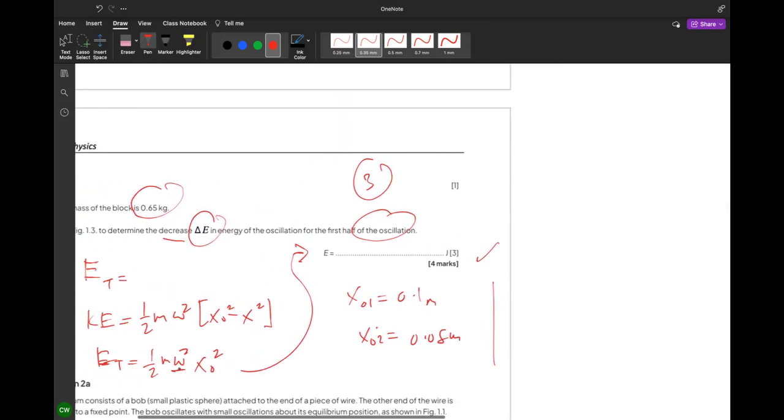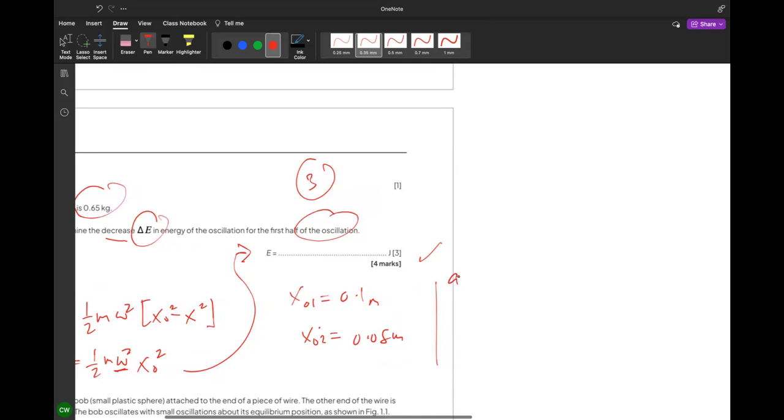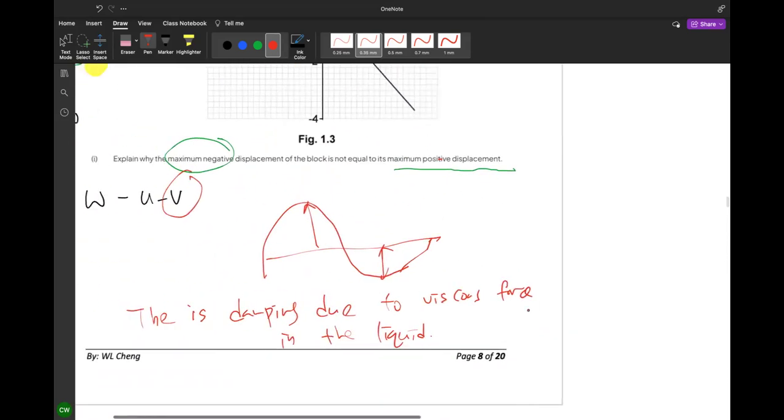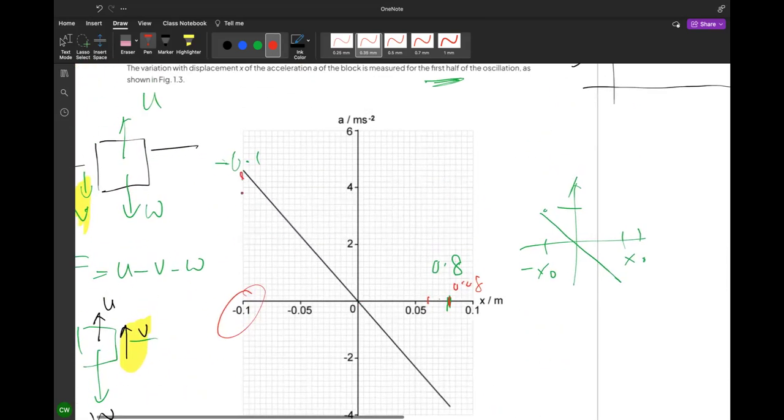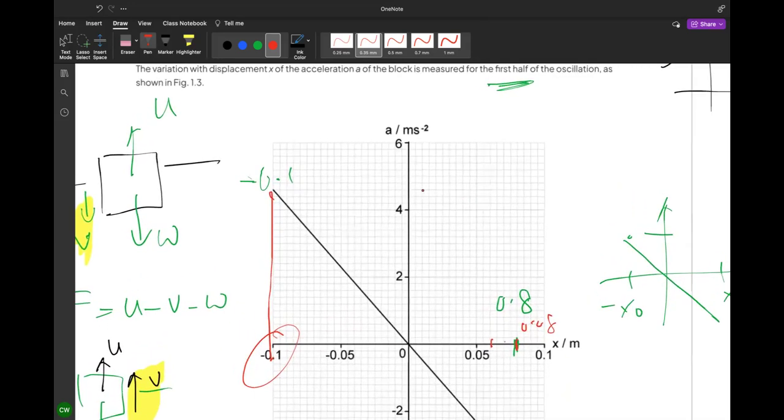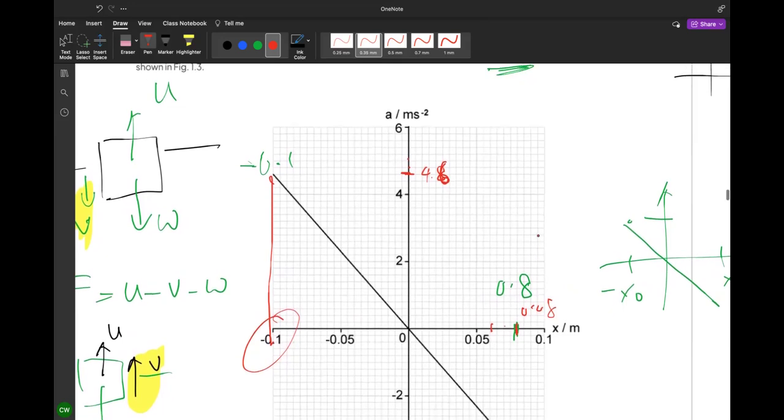We need to know omega. The graph tells you about negative omega square. Omega square is actually the gradient. So what is the gradient of this line? What is this point? 4.6.